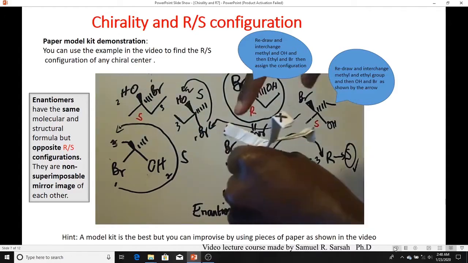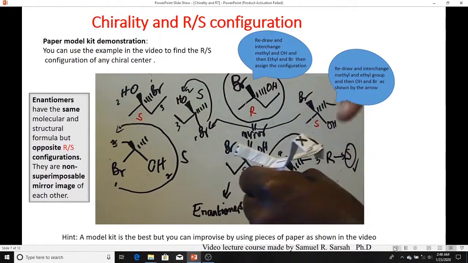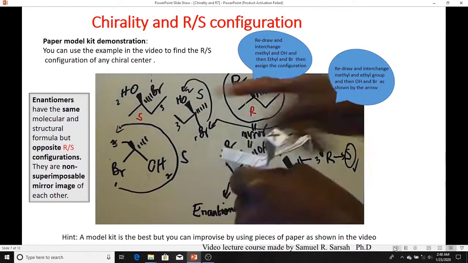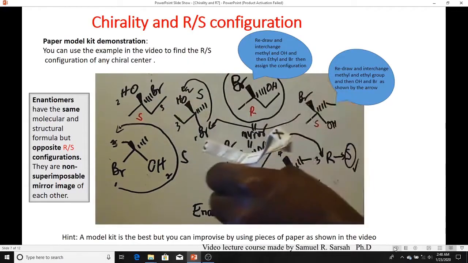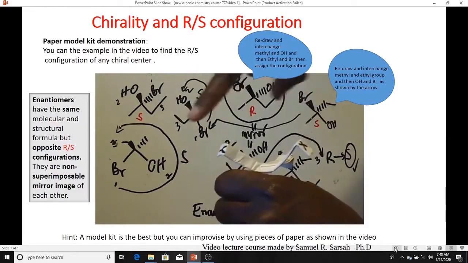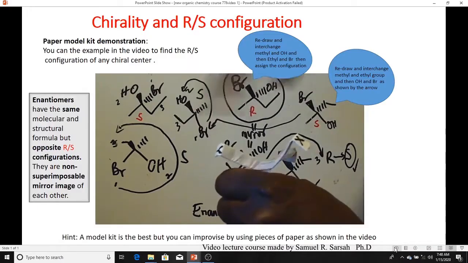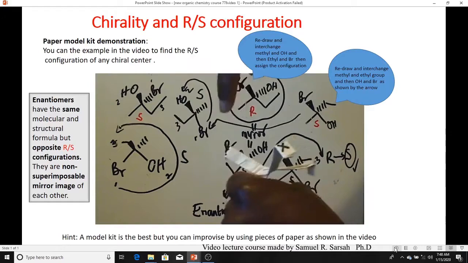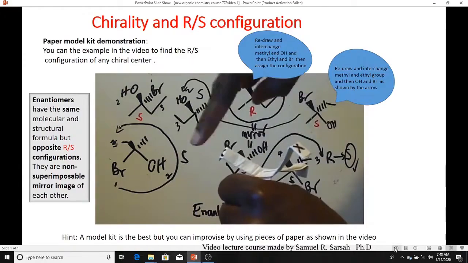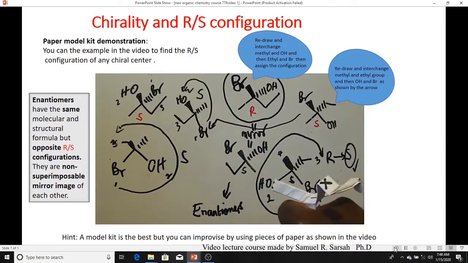Over here my bromine, which is Y, is my highest priority, and then my X is my next highest, which is the OH. Then W is hanging in there, which is my ethyl group. Okay, so I need to go from the highest to the next highest to the next one. I need to go from Y to X to W. Now that's a counterclockwise movement. Starting from Y to X, that's moving counterclockwise, and therefore this is S configuration.